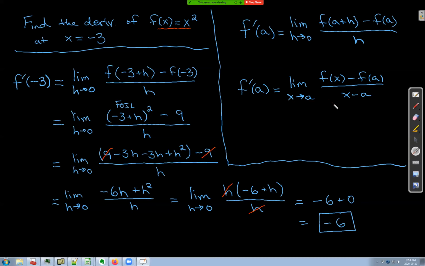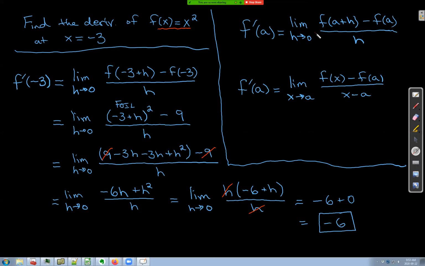And the answer is, mathematically, these are exactly the same thing. So what you could do is you could go through and do this whole problem again using this formula. And if you did it correctly, you would get a -6 as your answer.